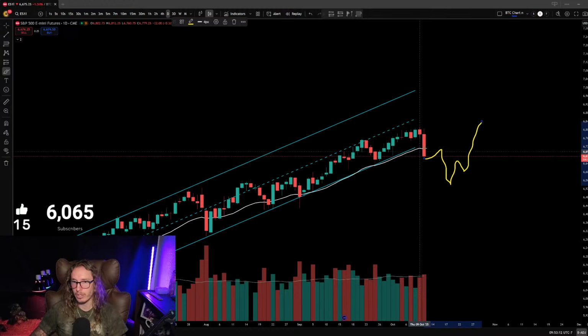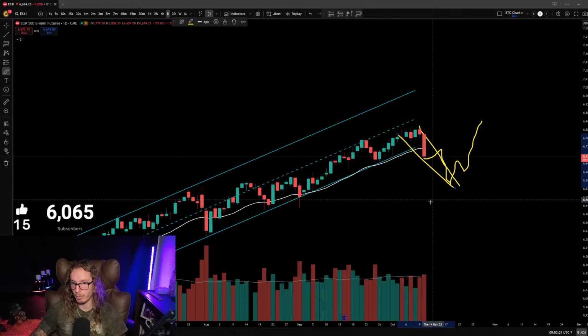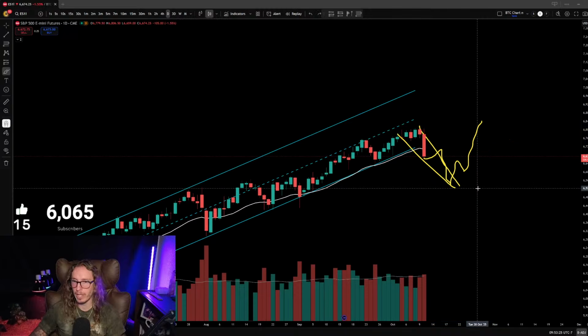Because price action typically plays out that way. We'll form some sort of down channel that maybe gets a close outside, new low, and then maybe some sort of up channel that runs us to a new high. That's typically how price action plays out.